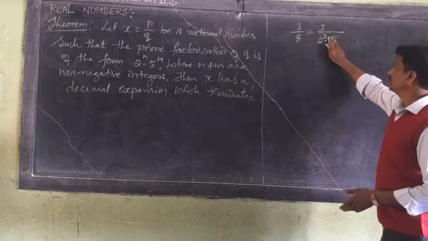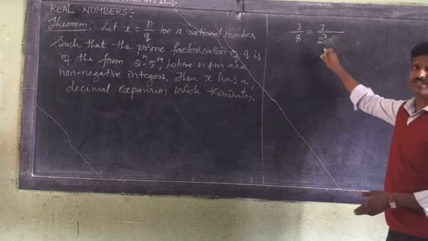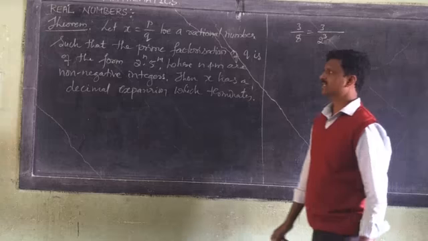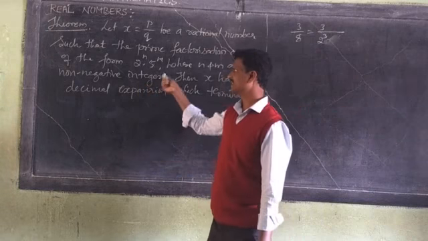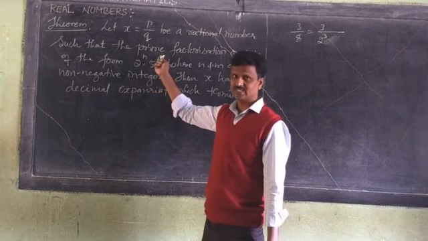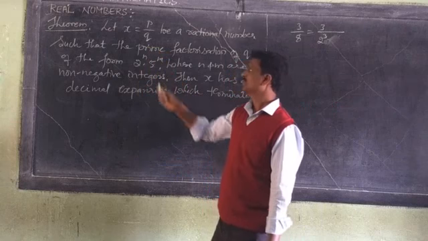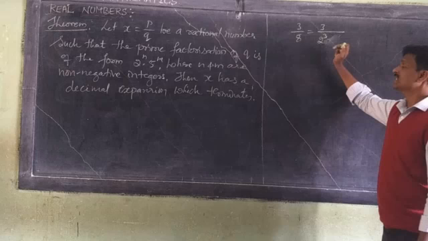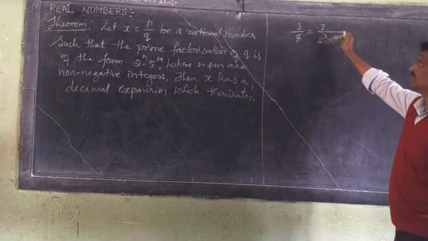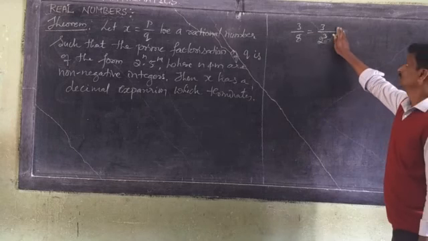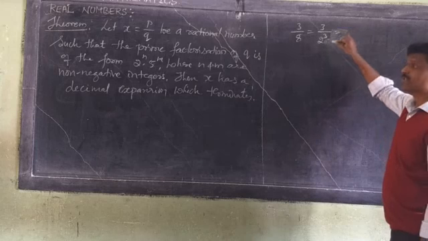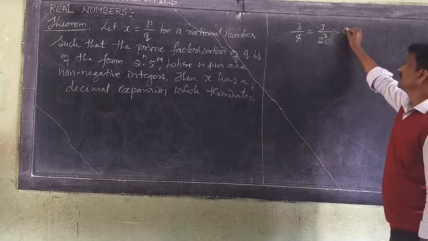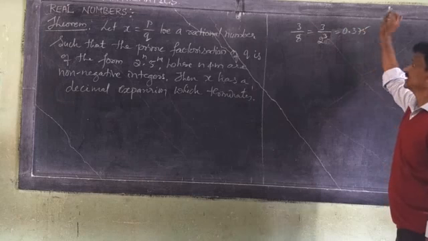Therefore, we need not write 5 to the power of 0 here. So n and m are non-negative integers. The denominator is in the form of 2 to the power of n and 5 to the power of m, which means the decimal expansion terminates.